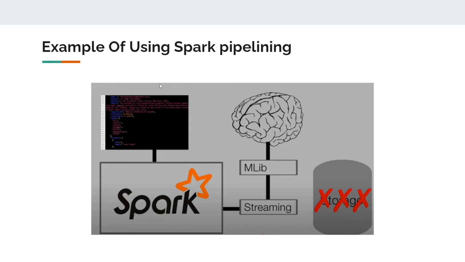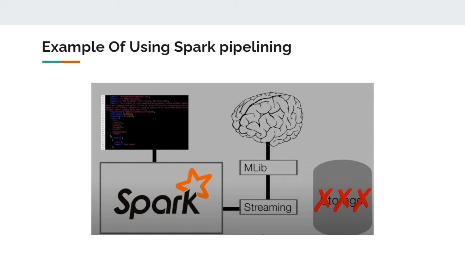So here's just an example of how Spark could be used. In the top left, we would have JSON, the raw data. Apache Spark would be used to create a pipeline to directly stream that data into a machine learning algorithm and train that algorithm with that data live. This was important.